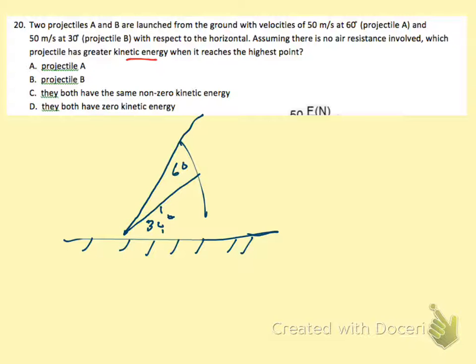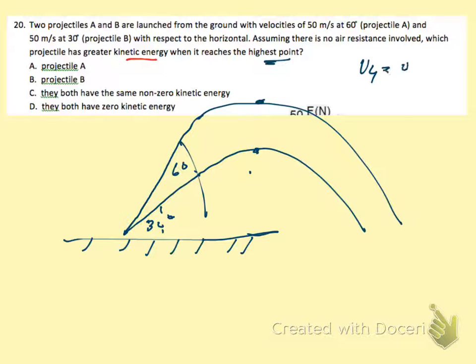So what we do know is that eventually when they reach the top of their apex, when it's at its highest point, it's going to have no velocity in the y direction, but the velocity in the x direction is going to be constant, right? So the velocity in the x direction is going to be equal to the initial velocity in the x direction.